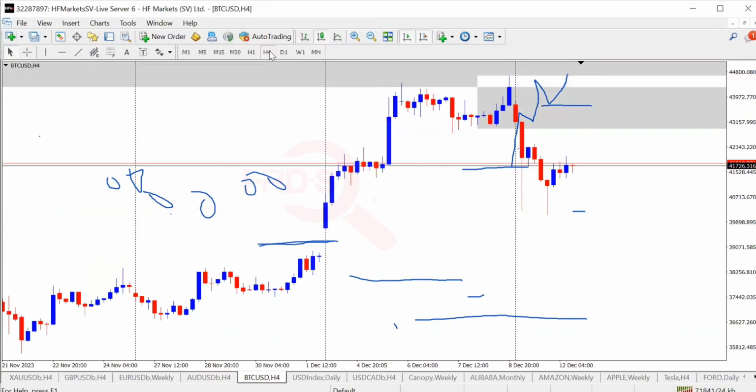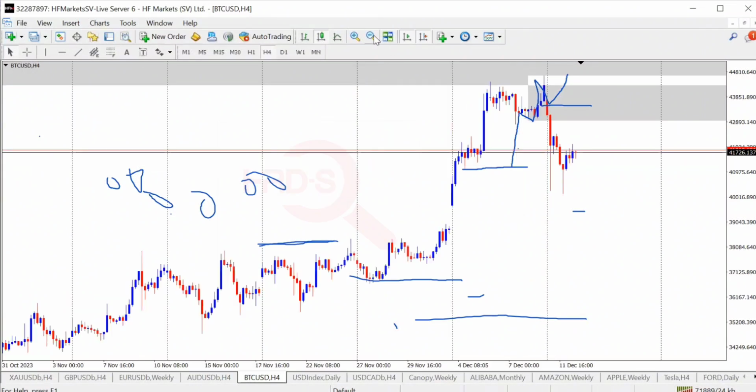All right. So back to 4 hours. Knowing that 4 hours is now showing us a down move because we have broken below a support zone, if I'm trading Bitcoin as a day trader, I might be considering selling Bitcoin.